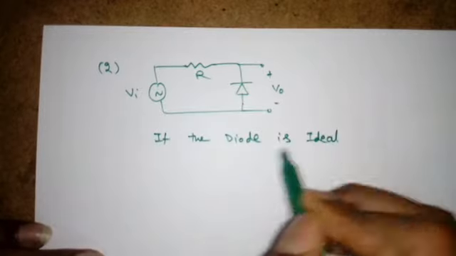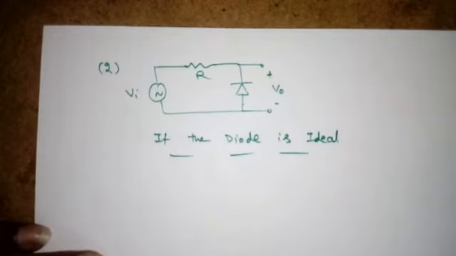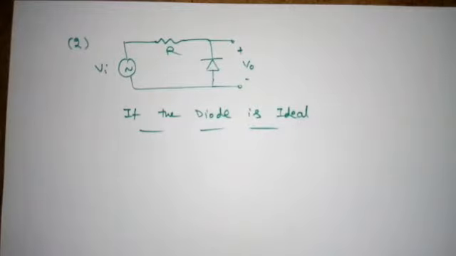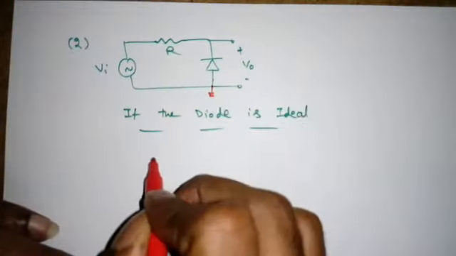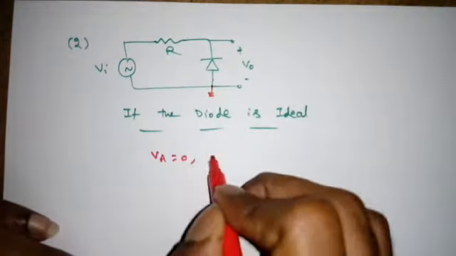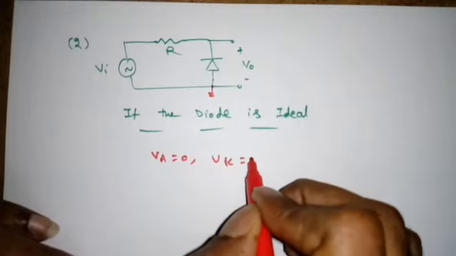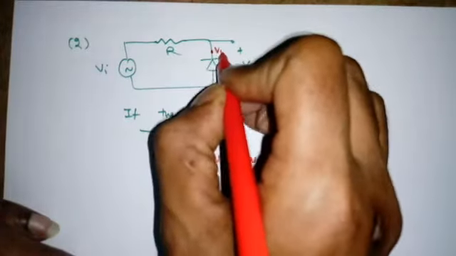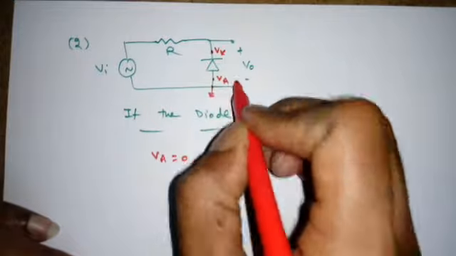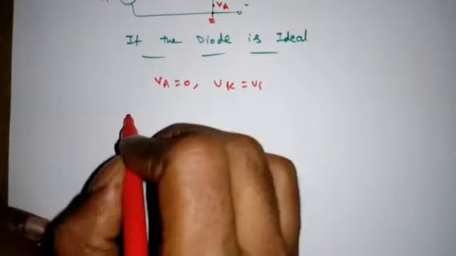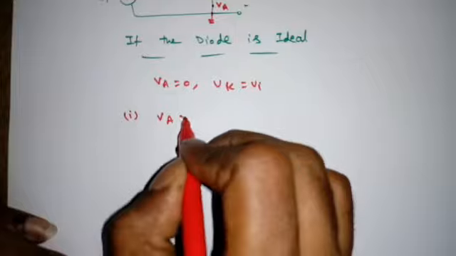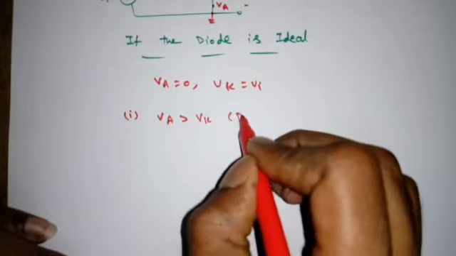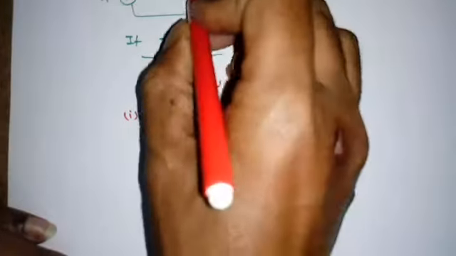Now what is VA? This is the reference point, so VA is now 0, this is the VK, this is the VA. Now the first condition, VA is greater than VK, so diode D is on, right.